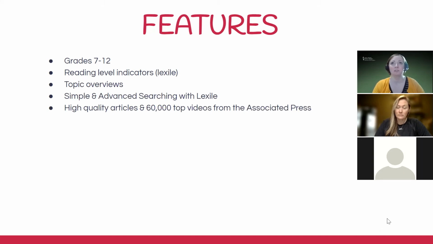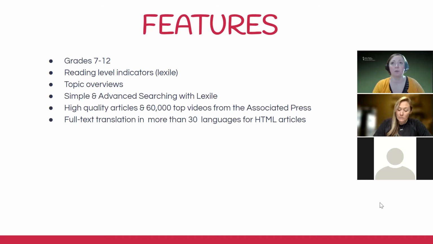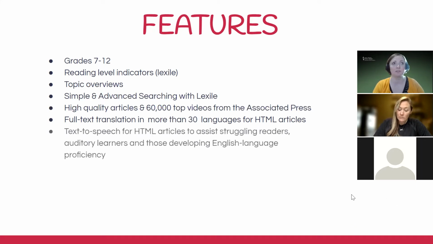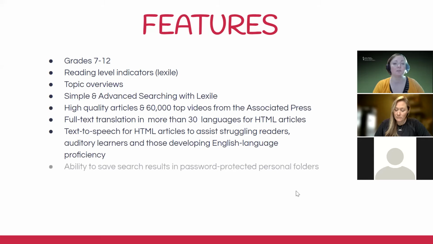So not just articles, but videos as well. There is a full text translation, so they can read in more than 30 different languages, and a text to speech for HTML articles for the struggling readers and those trying to learn English as a second language.